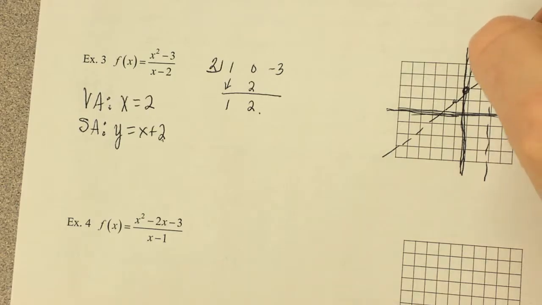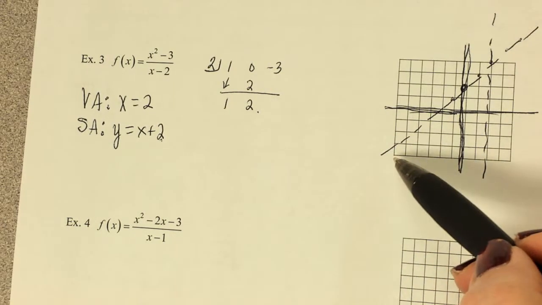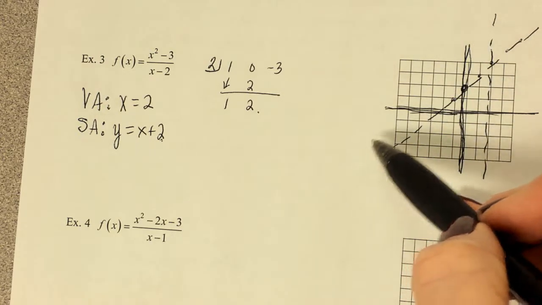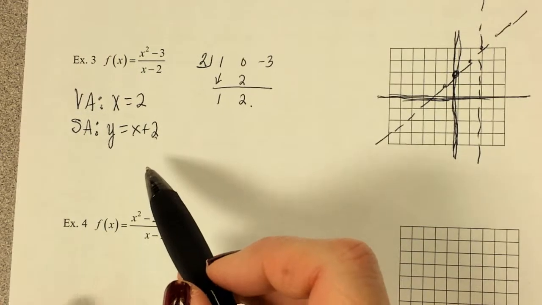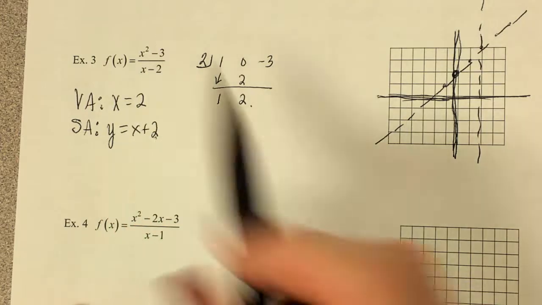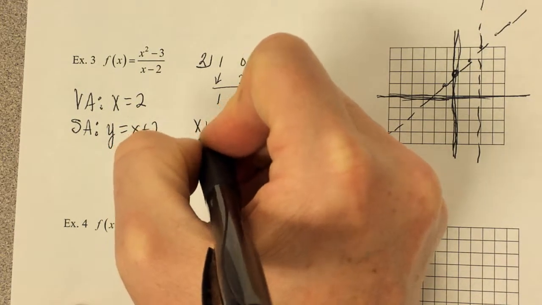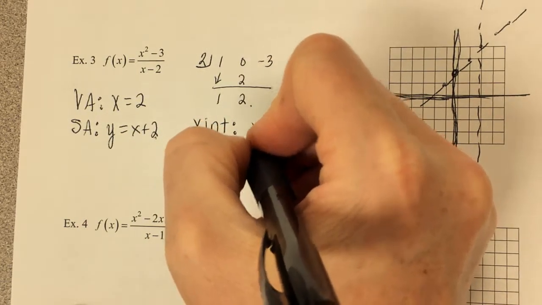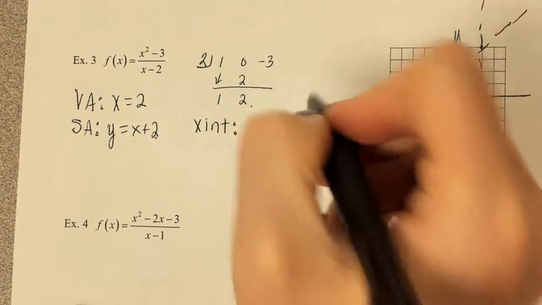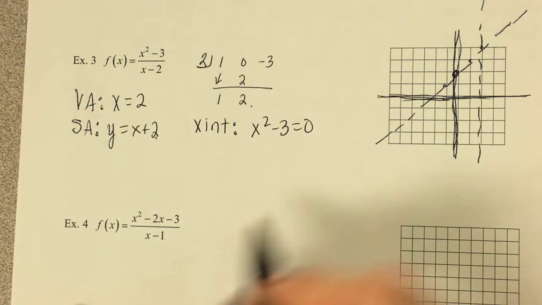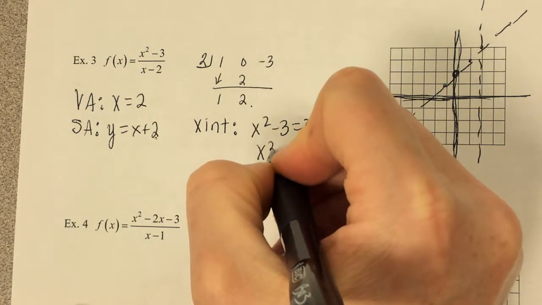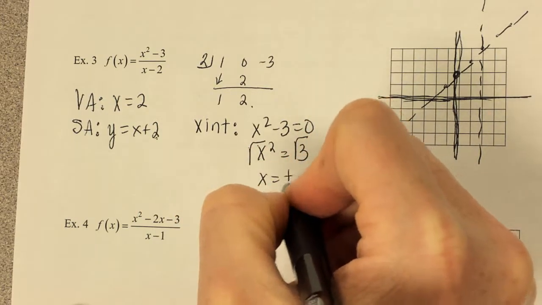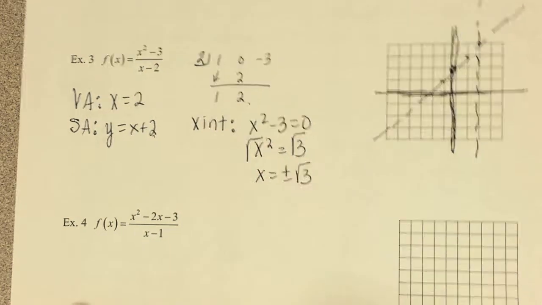All right, so now the question is, what does it look like in the rest of the region? See, it can go here, or it could go here. We need to know which way it goes. So to figure that out, it might be helpful to find our x-intercepts. To find the x-intercepts, you can just set the numerator equal to 0. And then to solve that, I'm just going to add 3 to both sides, and then take the square root. So plus or minus radical 3.